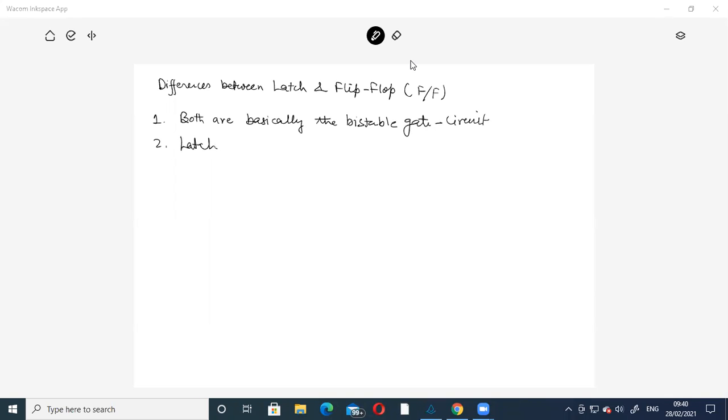The second is, latch is level triggered, and flip-flop is edge triggered.